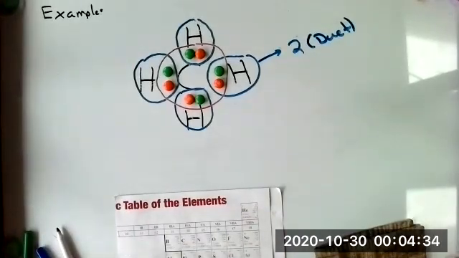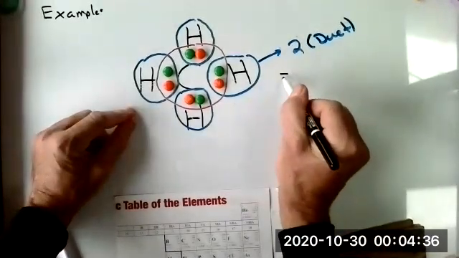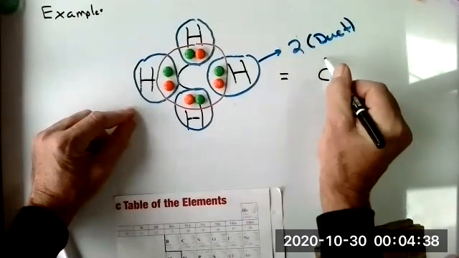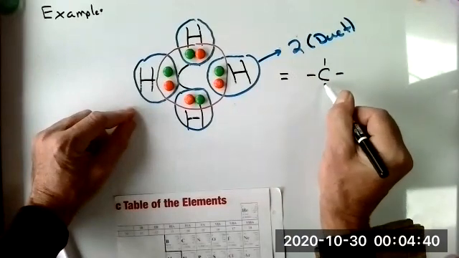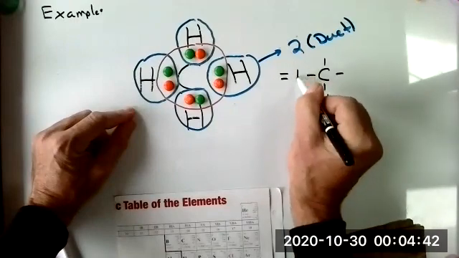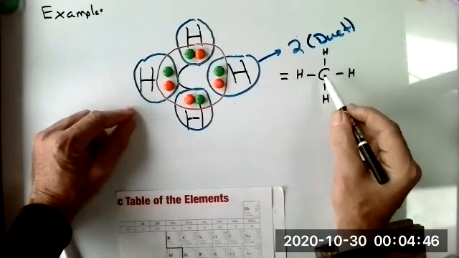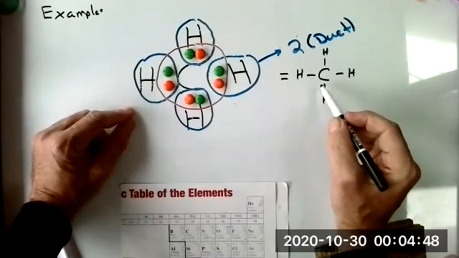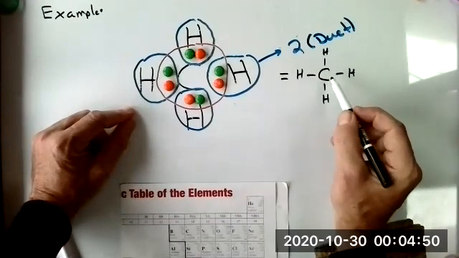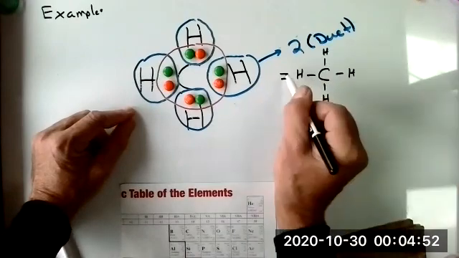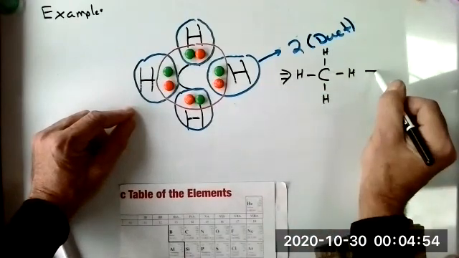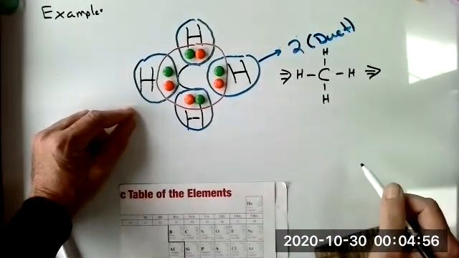Shortcut. The shortcut to write that would look like this, where they'll use little dash lines that represent the point at which two electrons are shared. Now, even that is kind of a hassle to write. So you could even reduce it further.